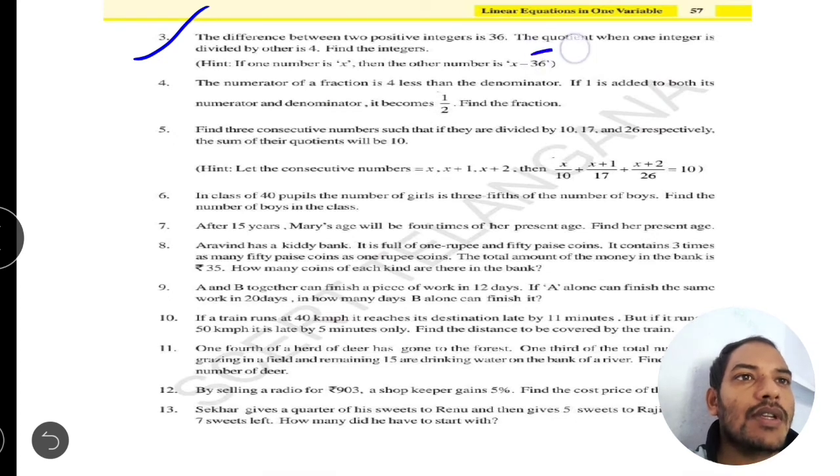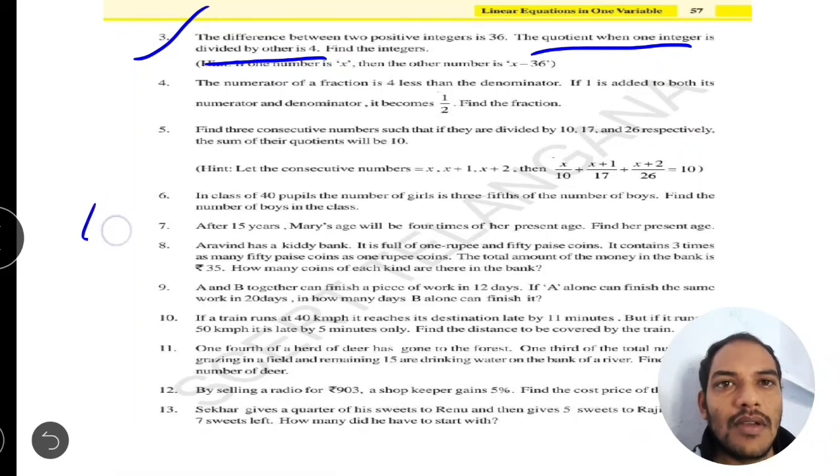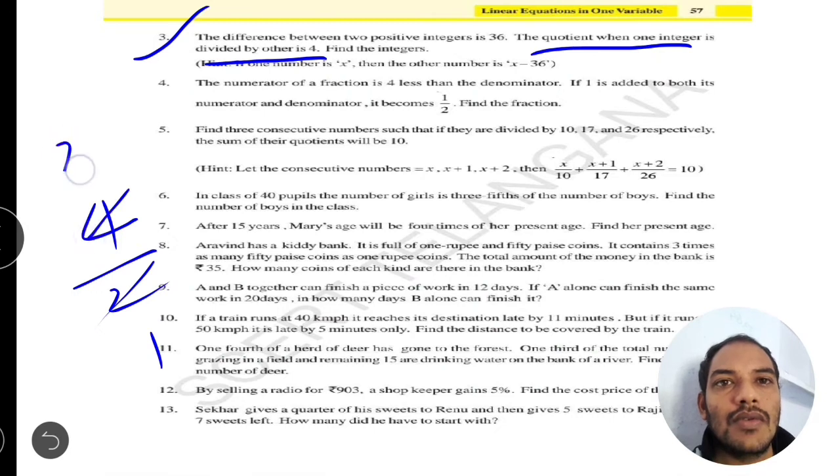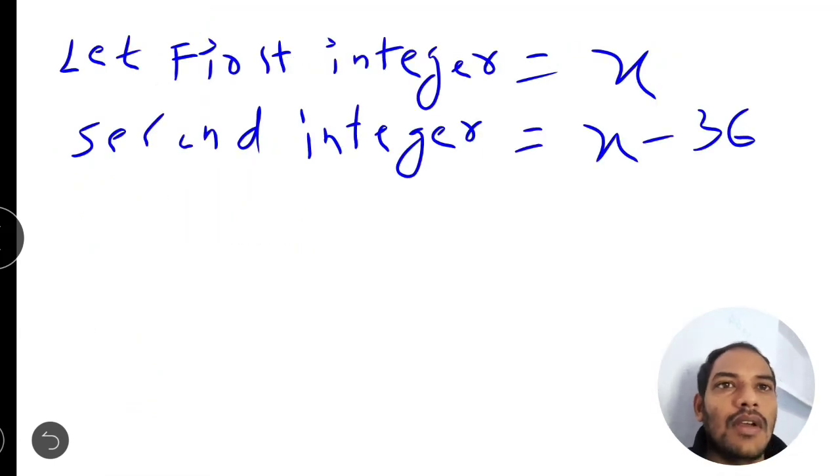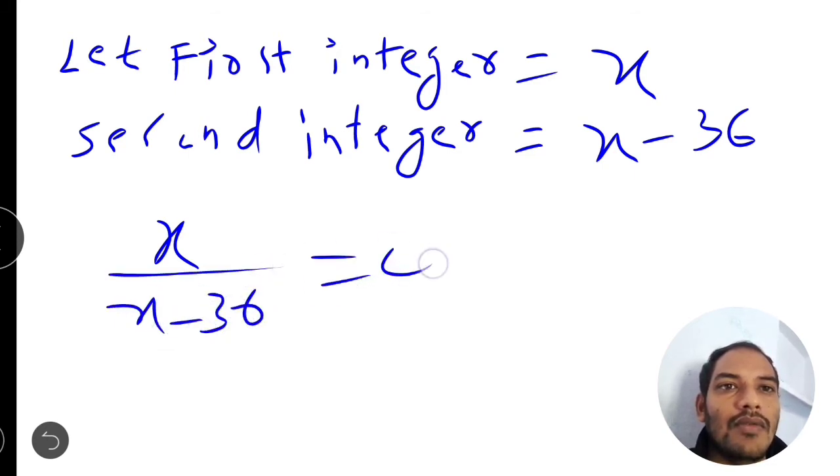Now, the quotient when one integer is divided by the other is 4. Quotient is, for example, 4 by 2 is a fraction, 2 ones are 2, 2 twos are 4, so the answer is 2. So 2 is called the quotient. Here also the larger integer is x and the smaller one is x minus 36, so x by x minus 36 equals 4.